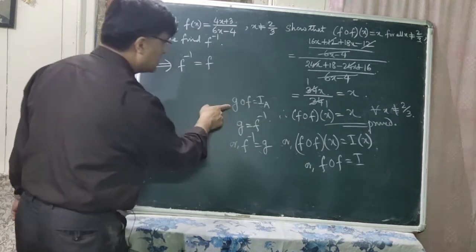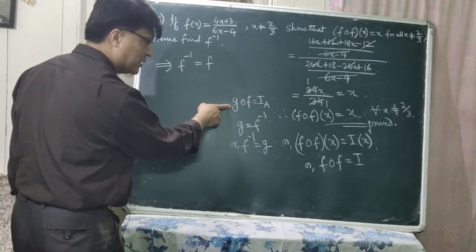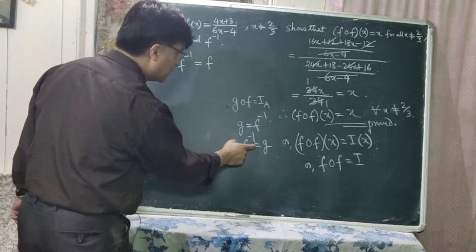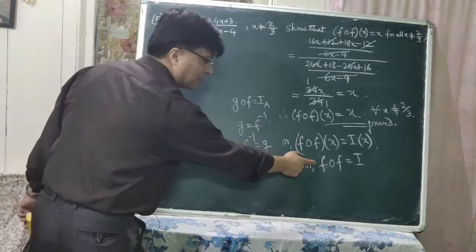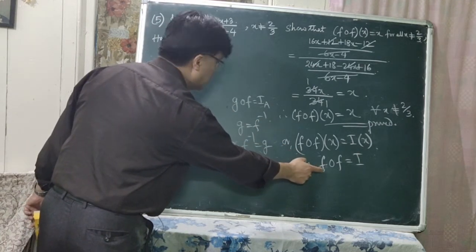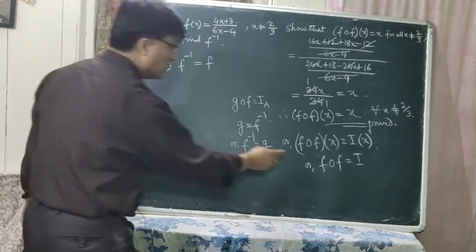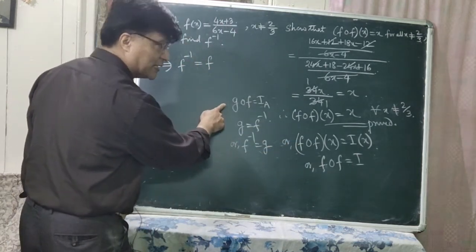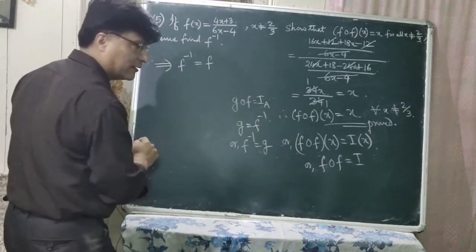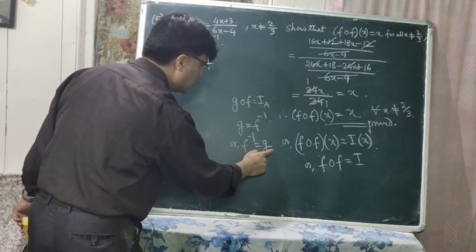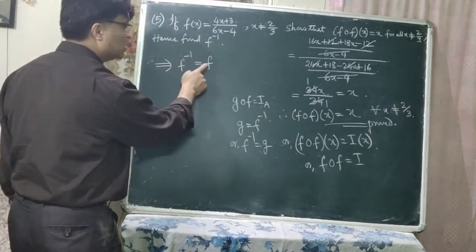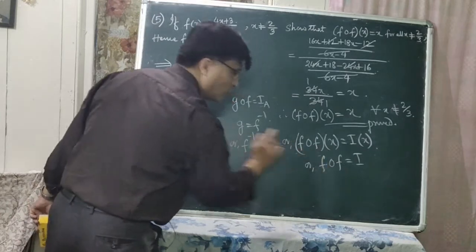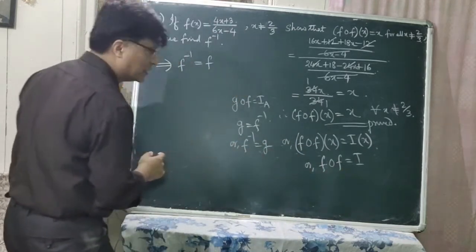Instead of g there is f. Here g is f in this case. So f inverse is equal to g, but in this case f inverse is equal to f, because both are the f function, isn't it?